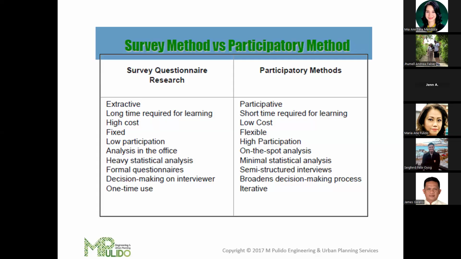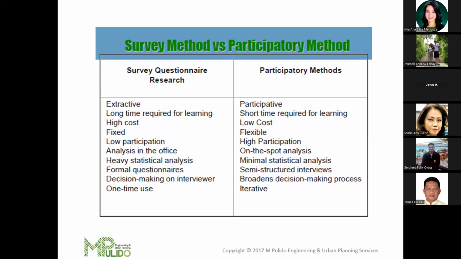So the decision-making process is broadened, because community members take part in interpreting the data and shaping the planning outcomes. And because the process is iterative, we return, then we validate and build on previous sessions.